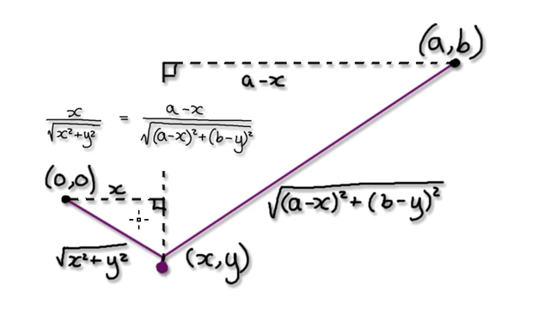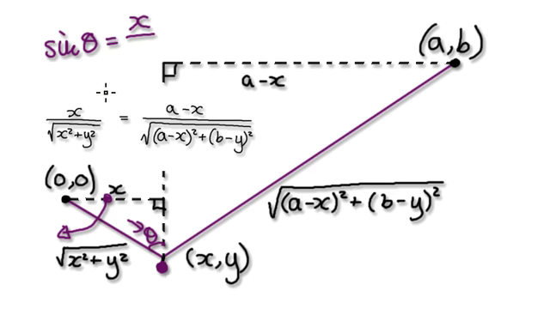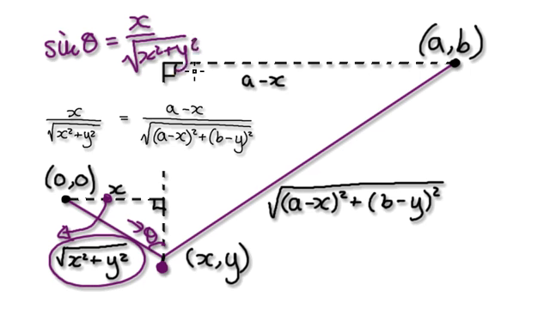Well, if you look at this here, hang on, let's call this theta. So if this here is theta, then you can say sine theta equals x over this thing here, which equals x over root x squared plus y squared.